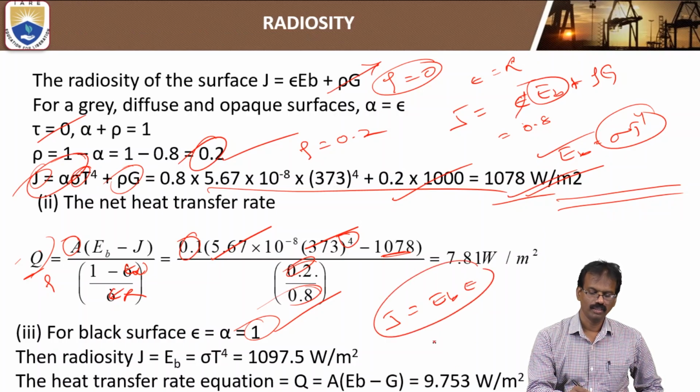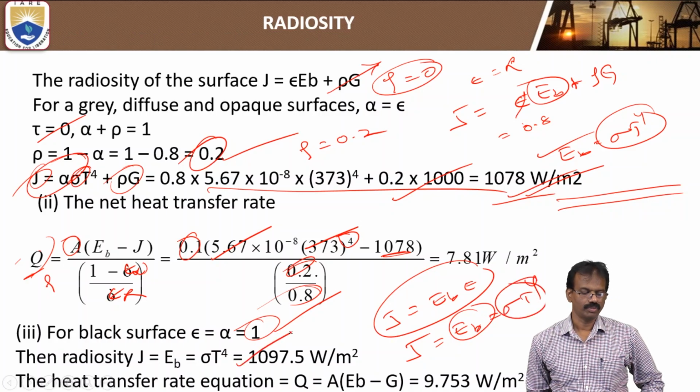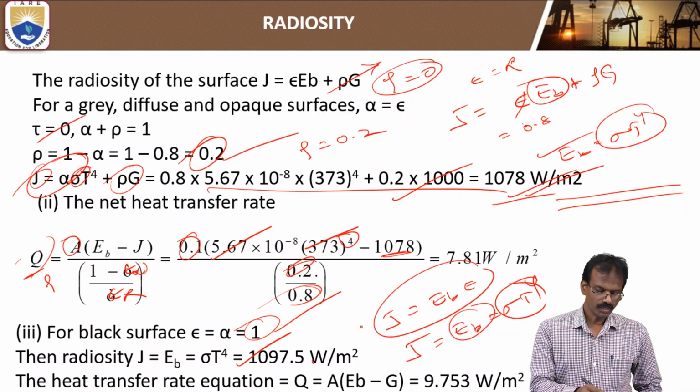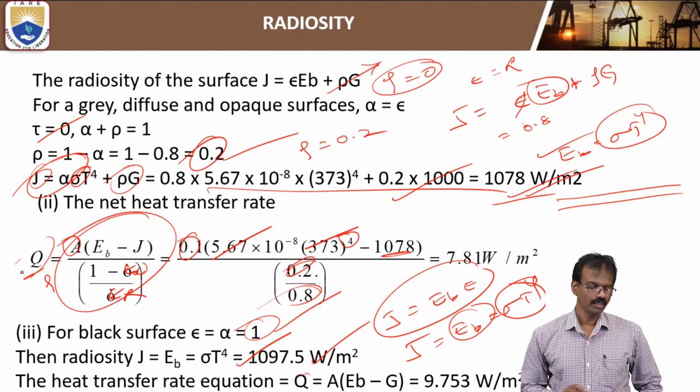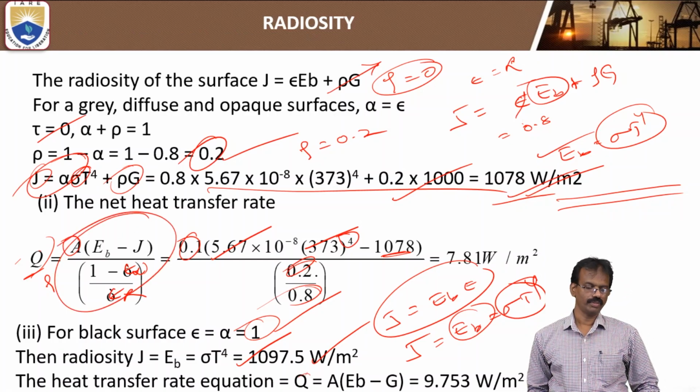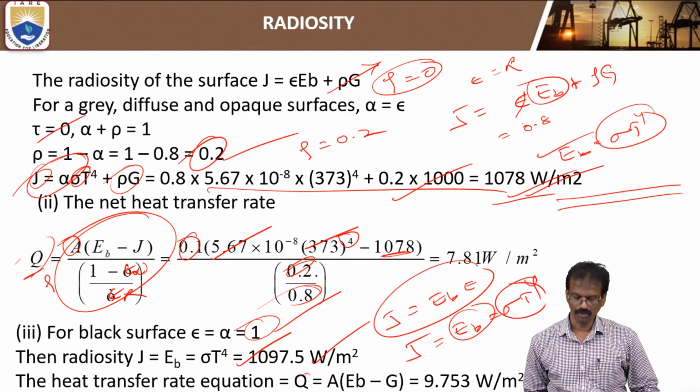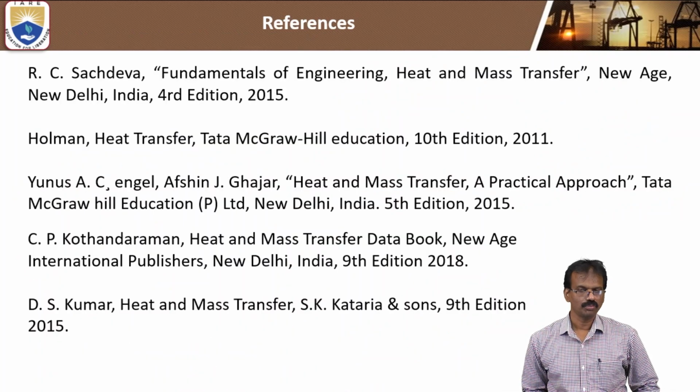Emissivity is equal to 1, it means EB. So J is equal to EB. EB is nothing but sigma T to the power of 4. So then you can find out this one. So this is the J1. If you know that J1, then you can find out the Q value. The Q value formula, you know this one. If you substitute the values in that formula, you can find out the Q value also. So this one is the numerical.